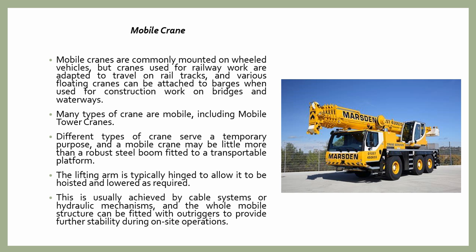The different types of crane serve a temporary purpose, and a mobile crane may be little more than a robust steel boom fitted to a transportable platform. The lifting arm is typically hinged to allow it to be hoisted and lowered as required.